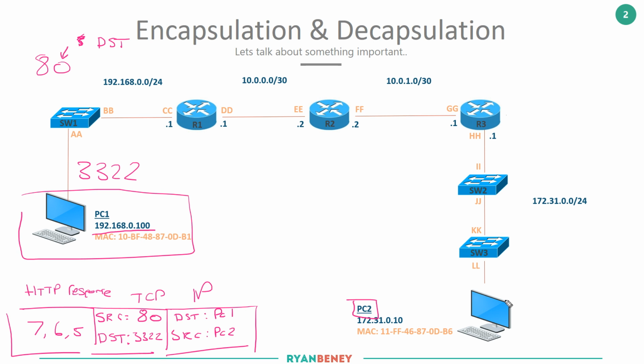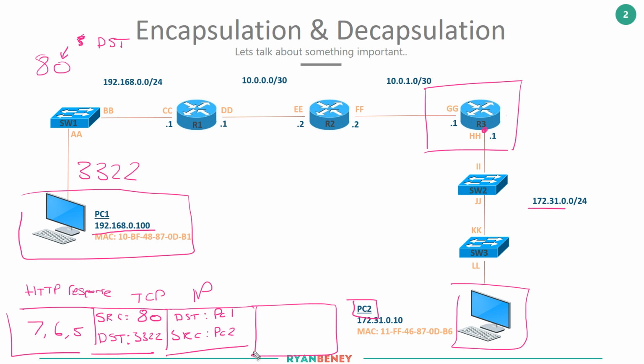The Ethernet header of the first initial frame that PC2 creates will be towards its default gateway, which will be router 3 in this instance, because again the destination of 192.168 is not on the network that I am on, therefore I must consult my default gateway.